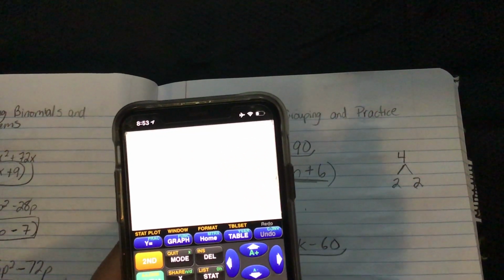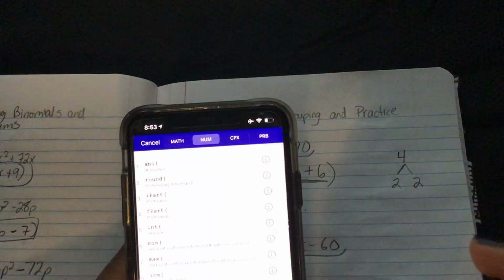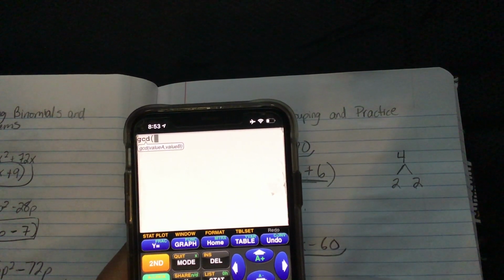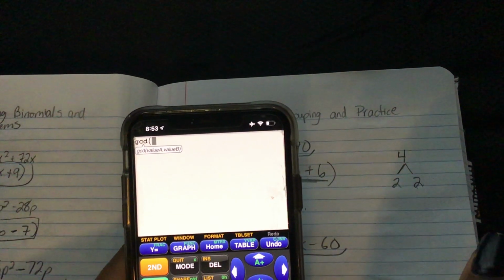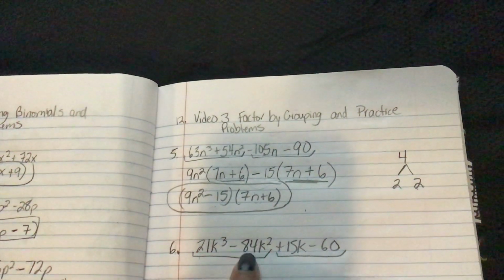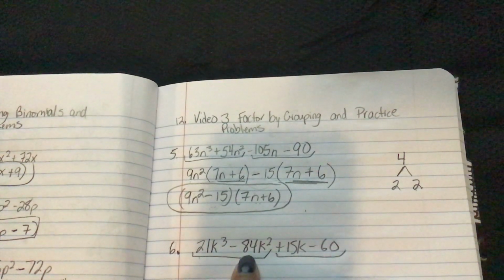So we're going to go to math, num, go down to GCD, greatest common divisor, same thing as finding the greatest common factor, and type in the two numbers that you want to find the greatest common factor for. So that's 21 and 84.